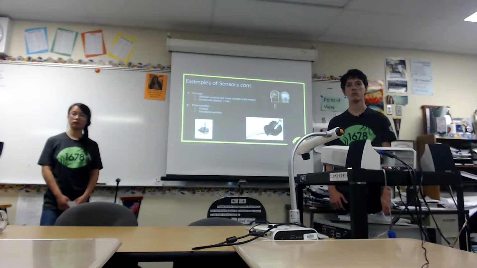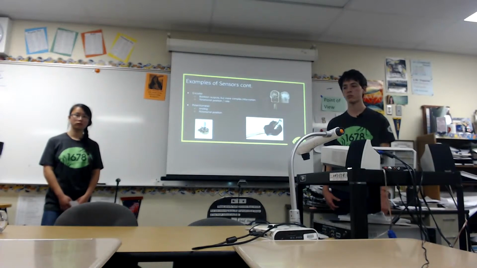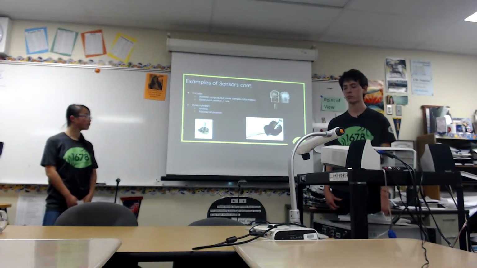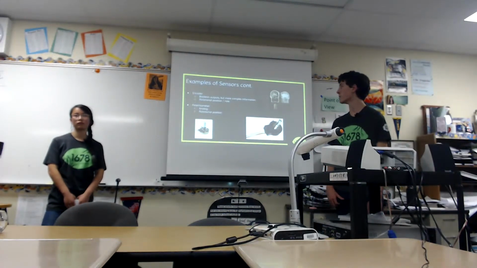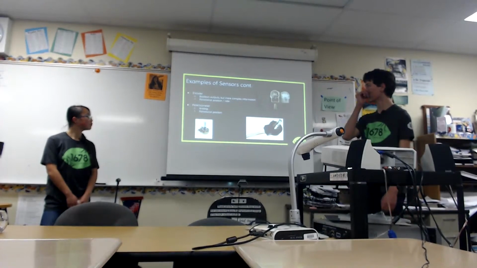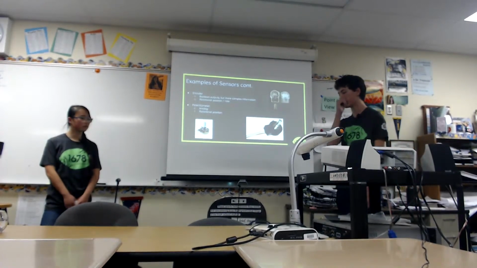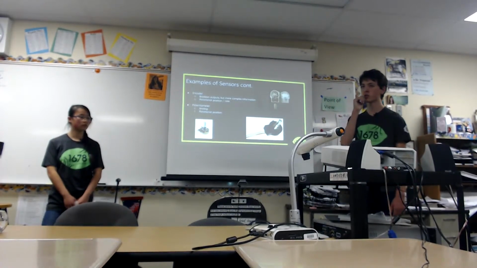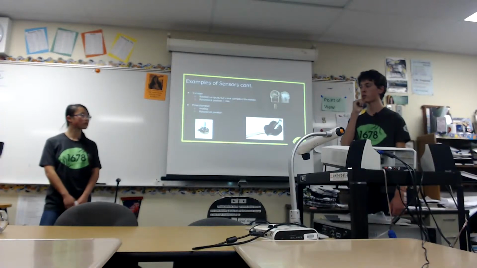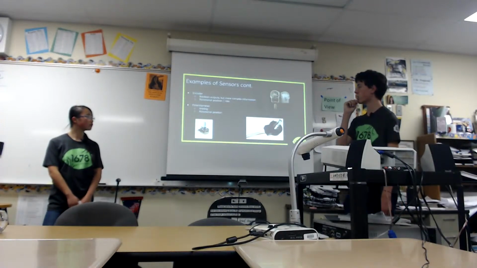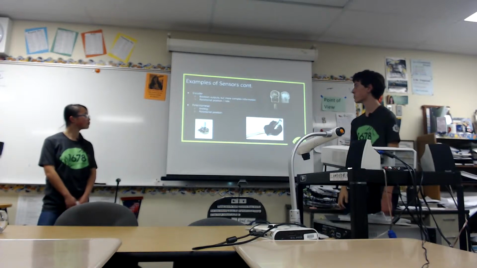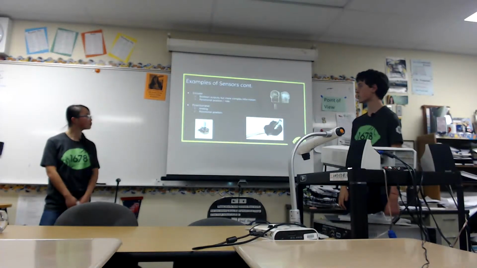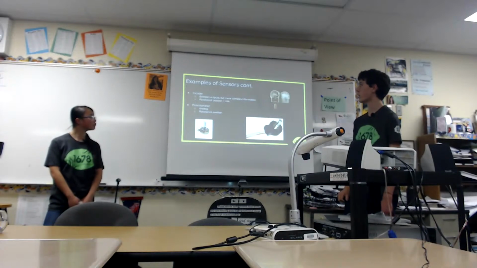So you can't rely on it too much. Encoders aren't only for measuring speed and rotation. They can also be partially used for angles. I think we usually use encoders for angles, right? I think so, yeah. So if potentiometers aren't exactly your cup of tea, you can also use encoders.